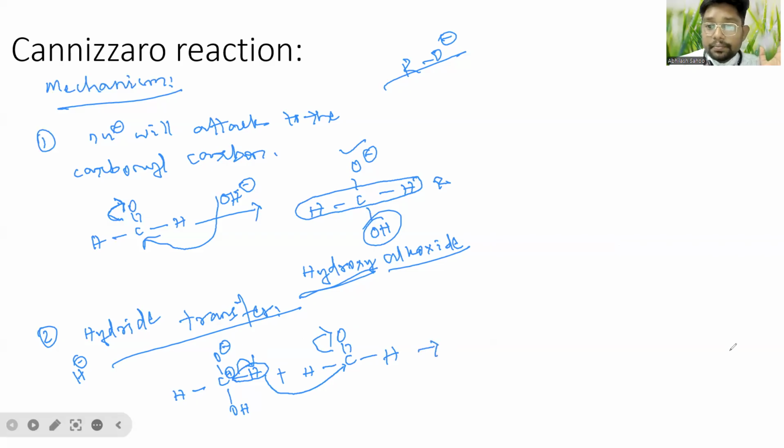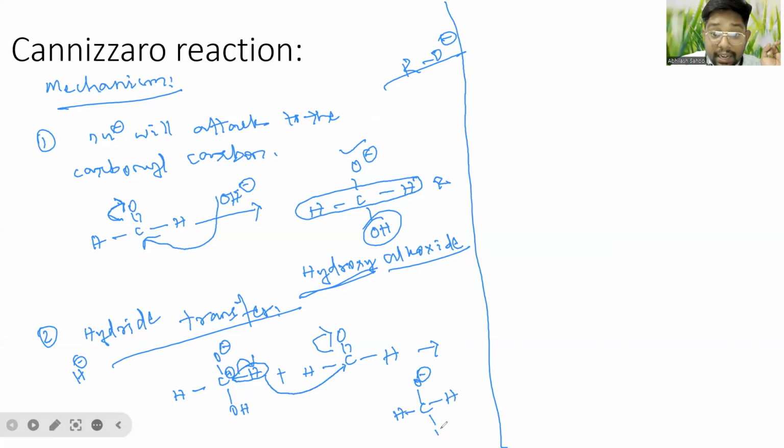You will get C O minus H H and another H, and this H came from this one.